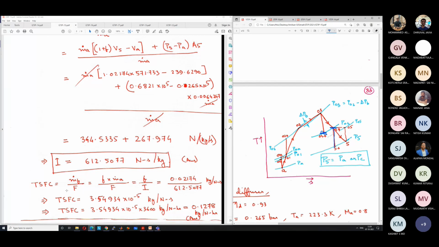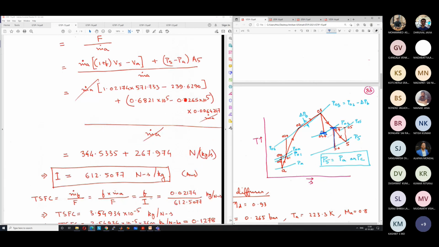We also need to find the thrust specific fuel consumption. Remember the definition of thrust specific fuel consumption? Fuel consumption per unit thrust. So mass flow rate of fuel per unit thrust. Mass flow rate of fuel is m dot f, which is fuel air ratio into mass flow rate of air, by thrust. So f by I basically, because capital F by m dot a is specific thrust.